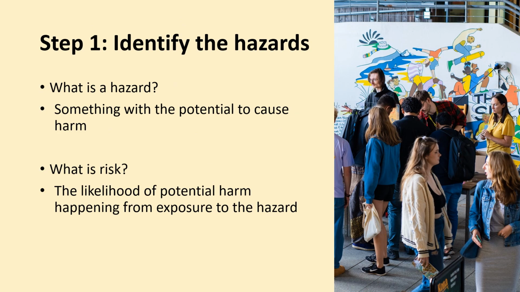So step 1, identifying a hazard. If a hazard is something with the potential to cause harm, how do we identify these? Hazards can often be categorised. So examples could include mechanical, such as machinery or equipment, chemical, so solid, liquid or gas, including wood dust or vapours or fumes, as well as cleaning products.